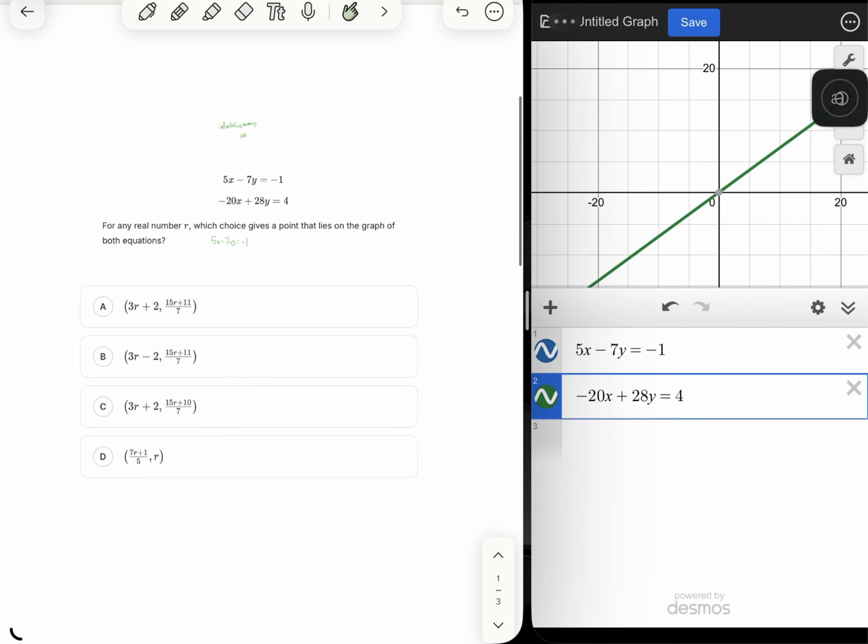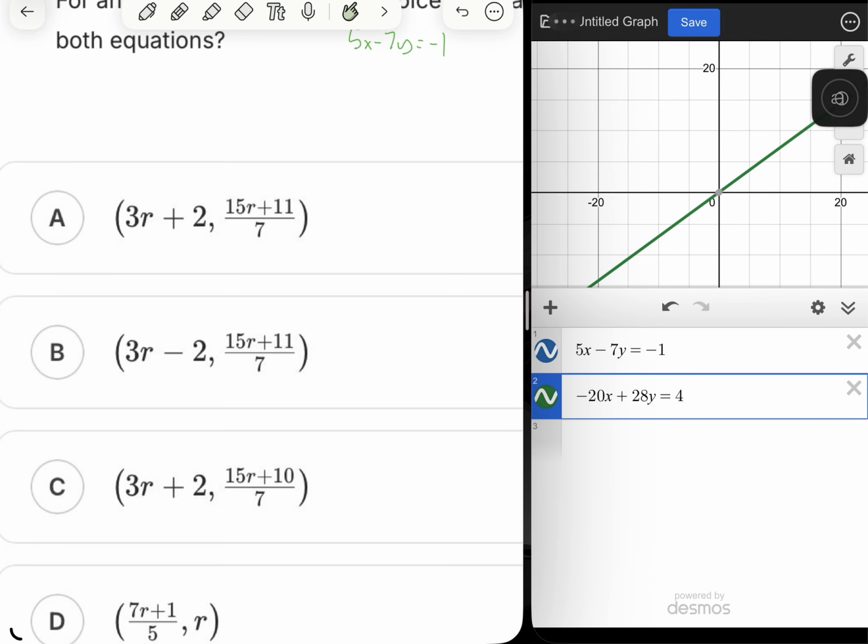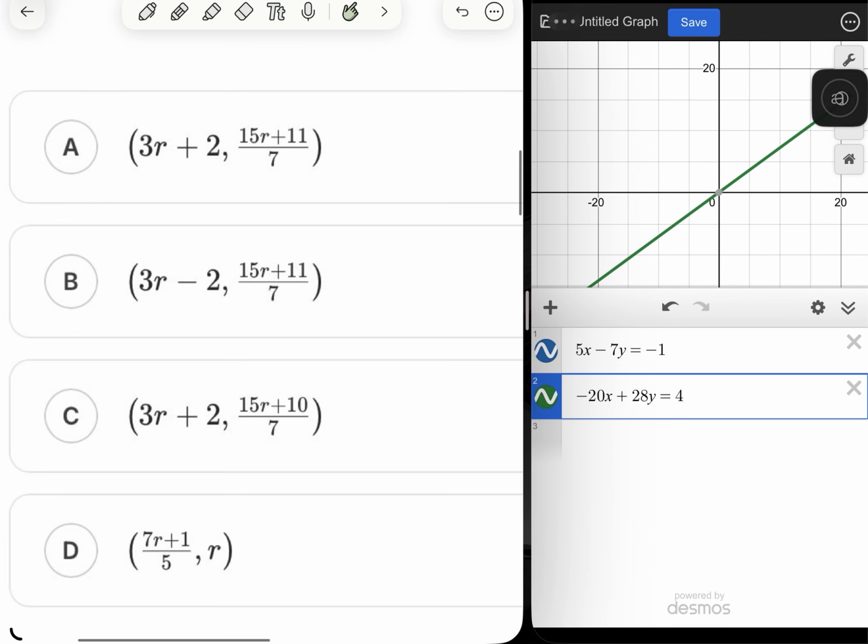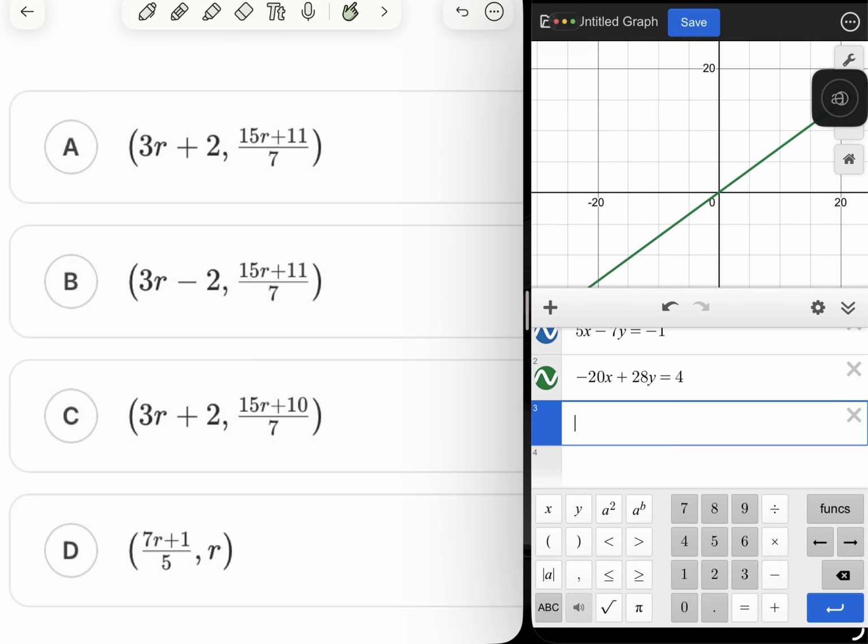So let's look at the actual problem now. Here we have these four answer choices, all with r's in them. What I'm going to do first is type each one of these into Desmos, and I'll show you why in a second. Let's type A, for example. So we have 3r plus 2, comma, 15r plus 11 over 7.